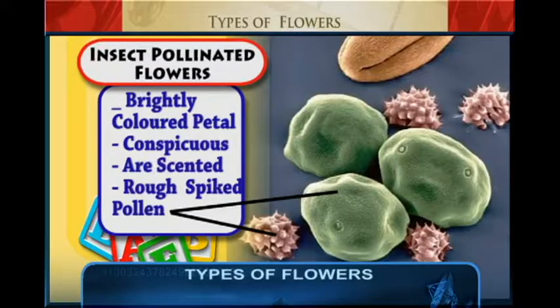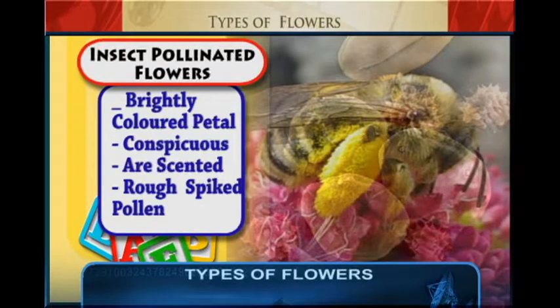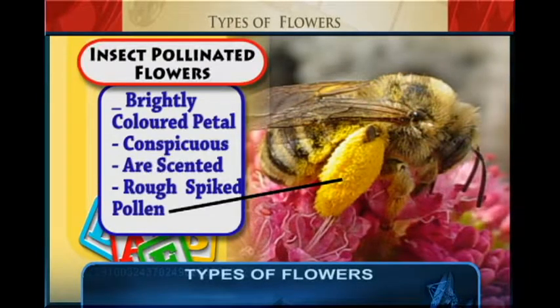They produce rough, spiky surface pollen grains, such that the pollen grain can attach itself to the pollinating agent when the pollinating agent comes to pick nectar, and then it can be transferred to the stigma.